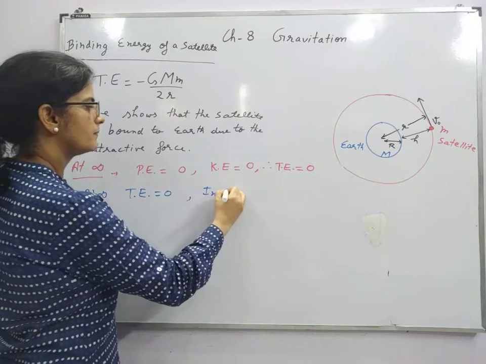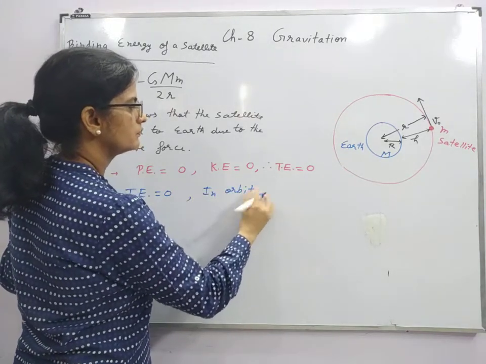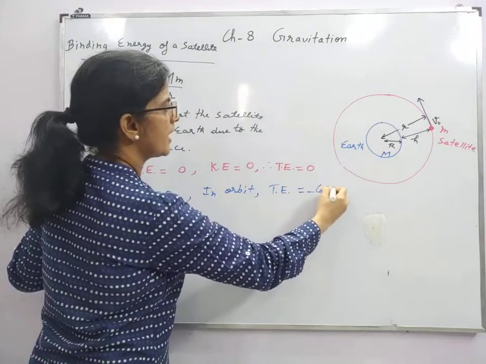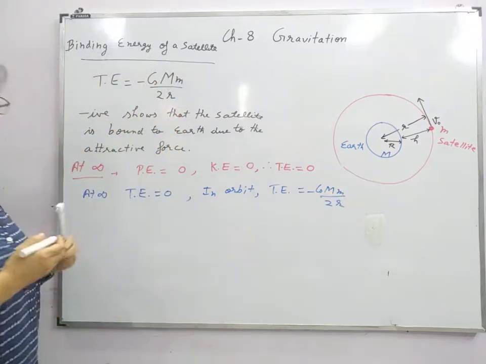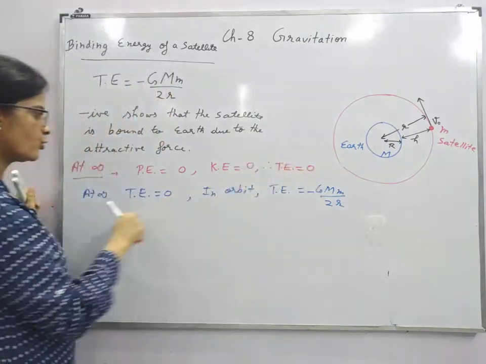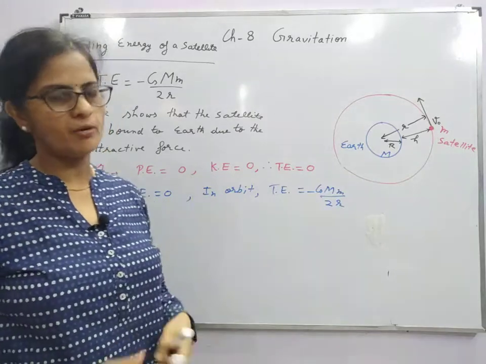In orbit, how much is the total energy? It is minus GMm upon 2r. That means how much energy is required for the satellite to have 0 total energy? Obviously equal to this and sign opposite.